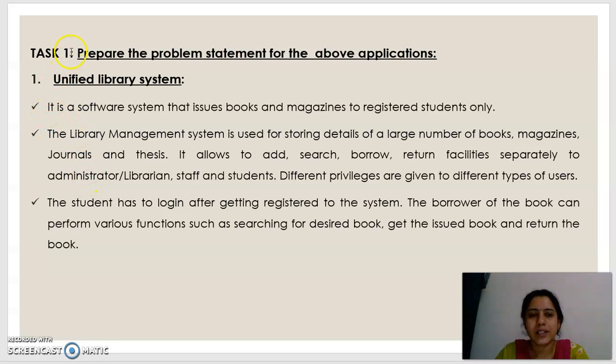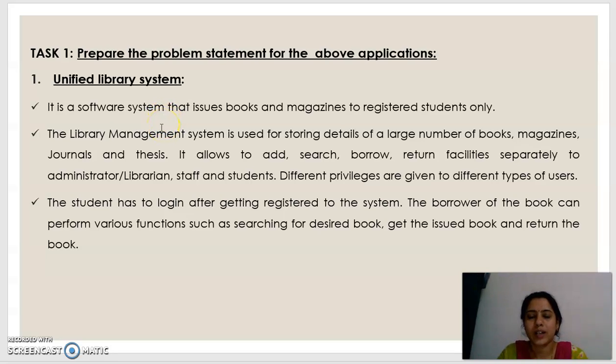And the first task is to prepare the problem statement for the above applications. The first one is a library management system. So what are the basic things we need in the library management system? Once you enter the library management system, first you have to log in.